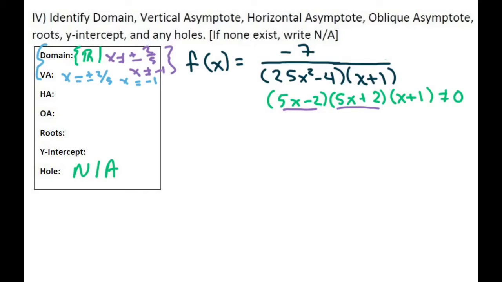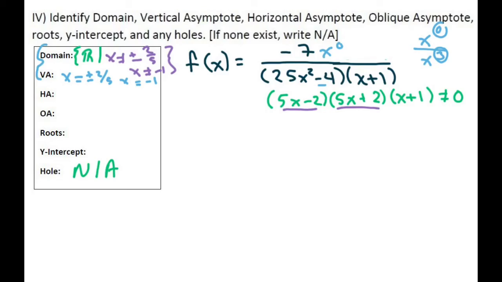Now the horizontal asymptote is you're looking at your degrees. This would be like x to the 0. So you really have x to the 0, and if you FOILed this out, you'd have x cubed. And if you're looking at your degrees, my degree in the numerator is smaller than my degree in the denominator.